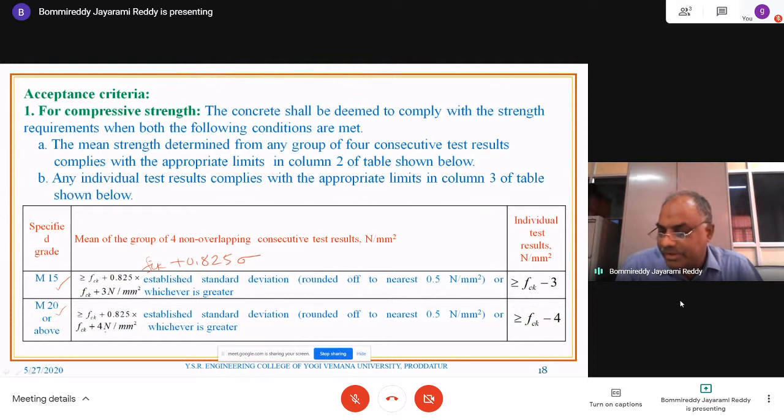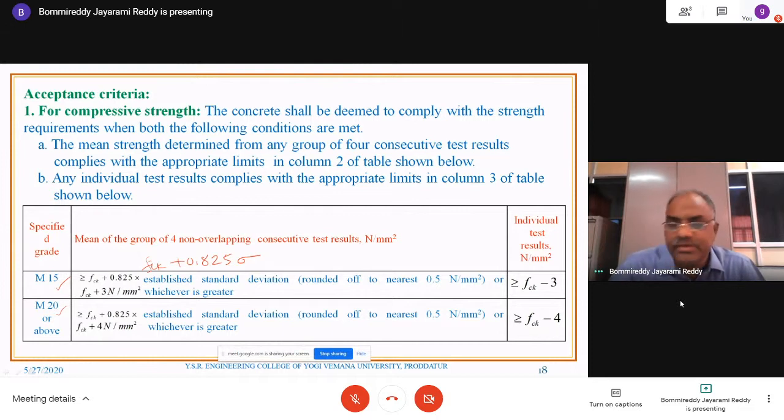Or FCK plus 4 Newton per mm square. So this is the reference value. For the cubes tested in the field, the strength must be more than this value. Then only it will be accepted. And at the same time, the individual test results of the cube must be more than FCK minus 4.